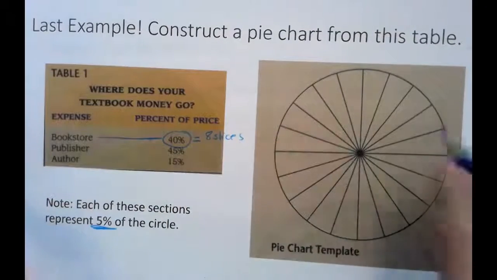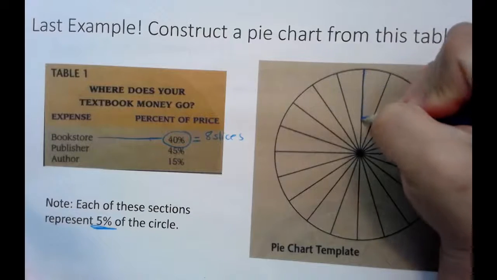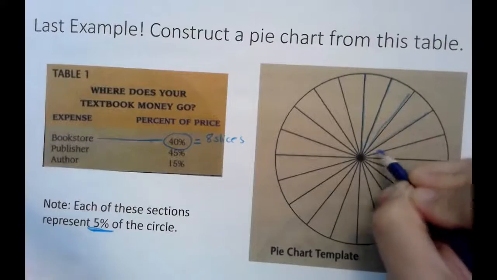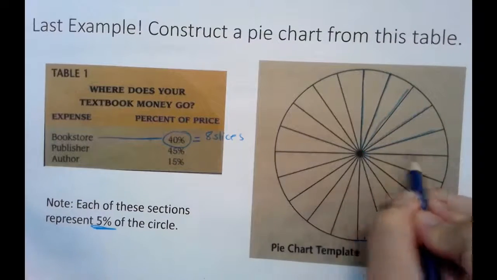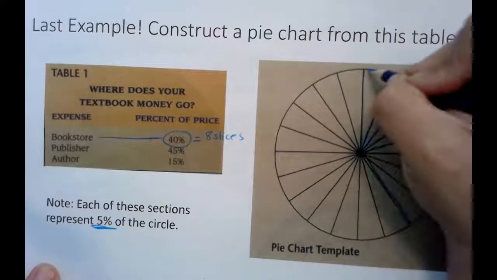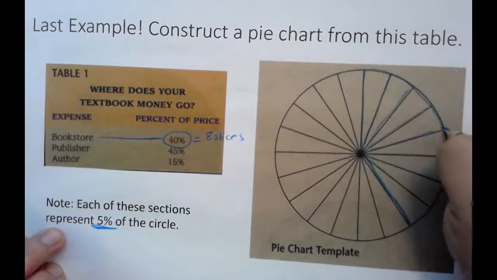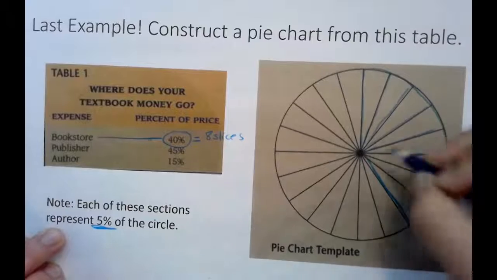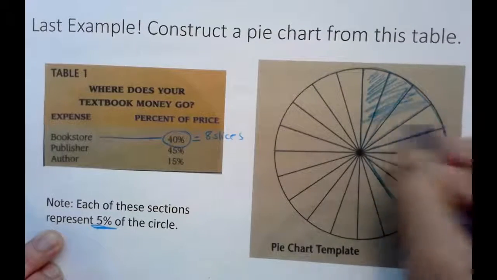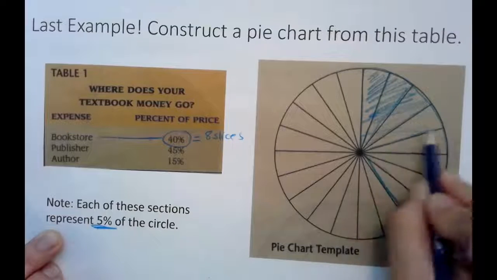So we count 1, 2, 3, 4, 5, 6, 7, and 8 slices. So this whole piece of the pie represents 40%. It's 40% of the textbook money.